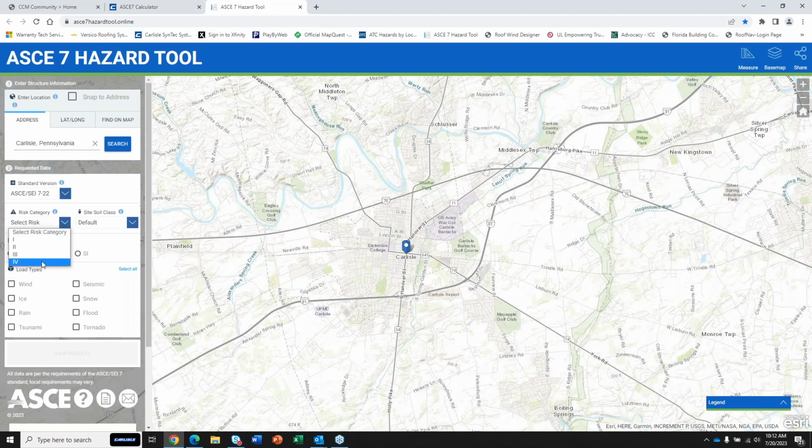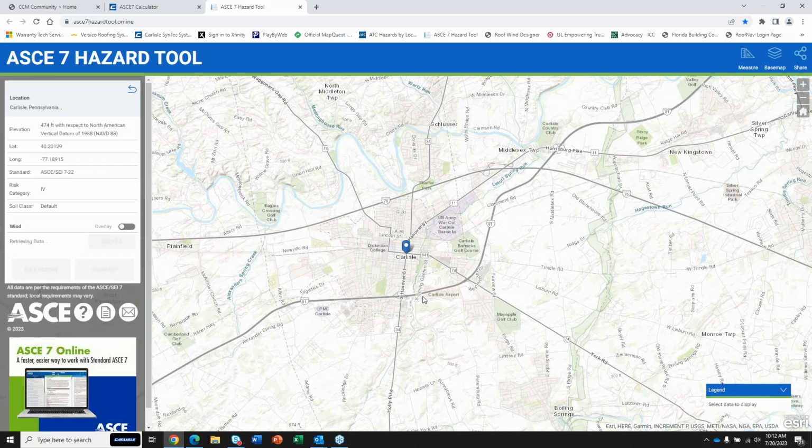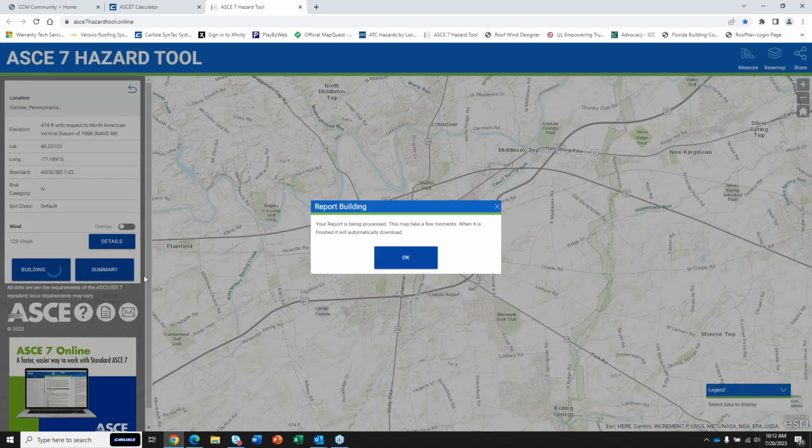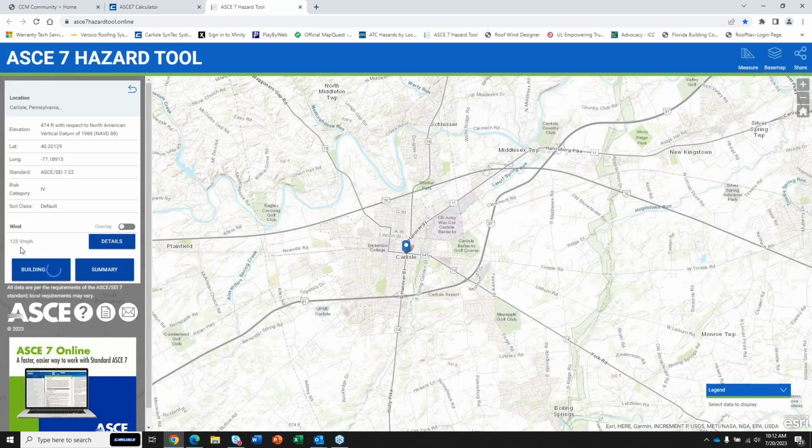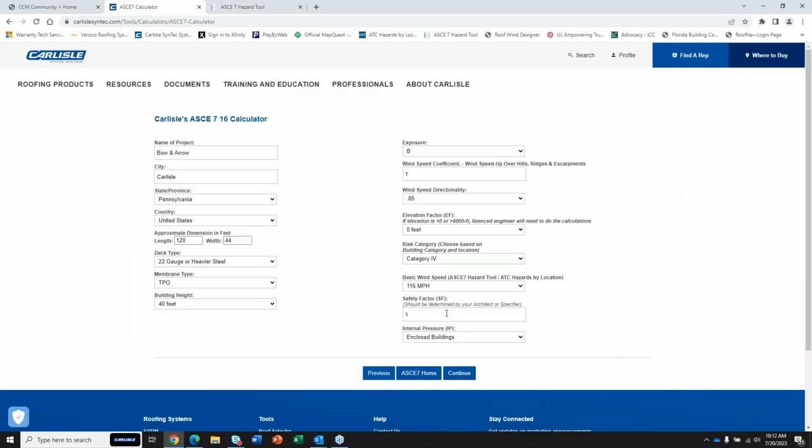Then you put in your risk category and put in wind, and then you can hit view. It takes a second. Get a full report if you want. But if you want to look, it says 125 miles an hour right here, and it also says 147 feet for elevation factors. So that would be basically how that would be used. I'm just going to go back to the calculator now.